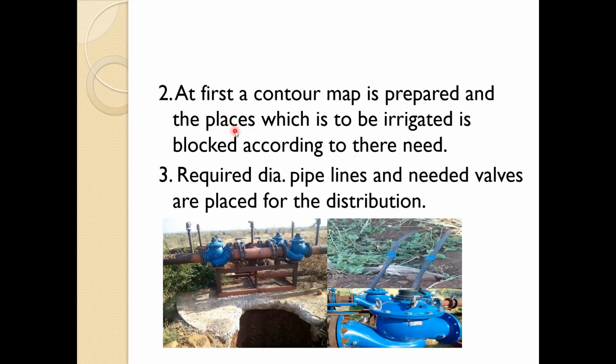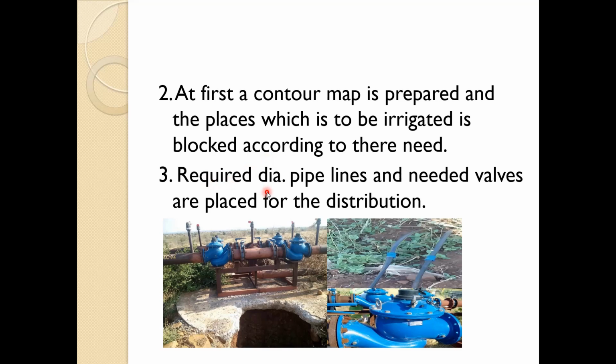When we are feeding the water with gravity or lift, or preparing some system, we have to prepare a contour map for the levels, and the places which we need to irrigate are blocked according to their need. So what is the use of water, or what is the need of a particular crop, accordingly we have to divide them into blocks.